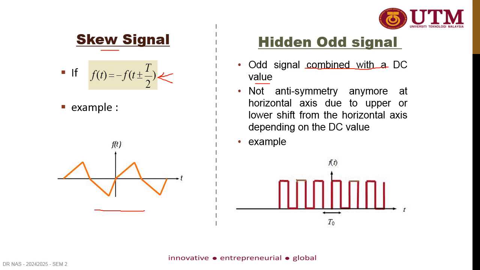When you look at the original shape, it appears like an odd signal. So this is the x-axis. The original shape is something like this.